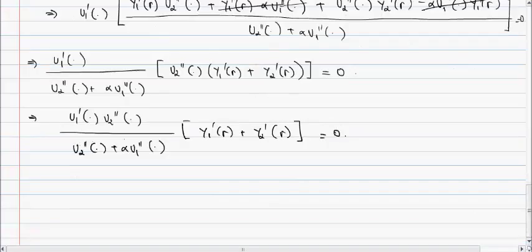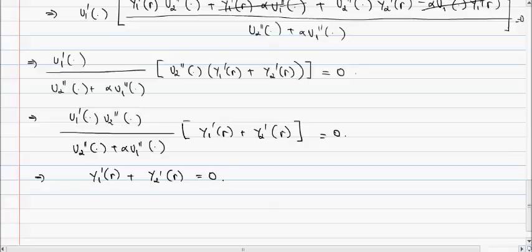So this condition being equal to 0 basically implies that y1 dash of r plus y2 dash of r will have to be equal to 0. Now this is happening because everything over here is going to be different from 0.